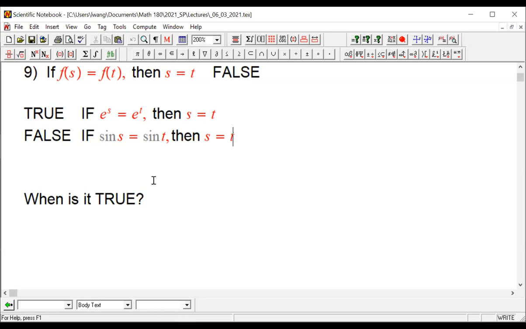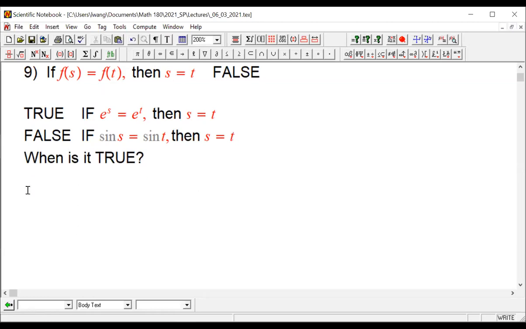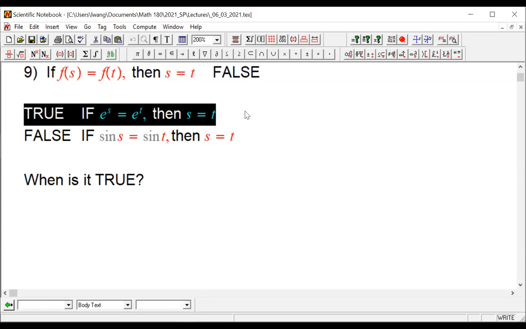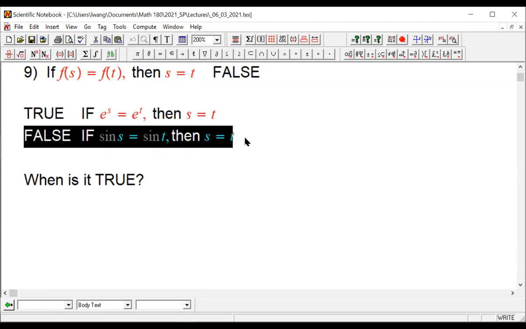So when is it true then? Sometimes it's true, sometimes it's false. Then you examine all these functions: what do they have in common when it's true, and what do they have in common when it's false? You see how logically we're thinking about these questions.